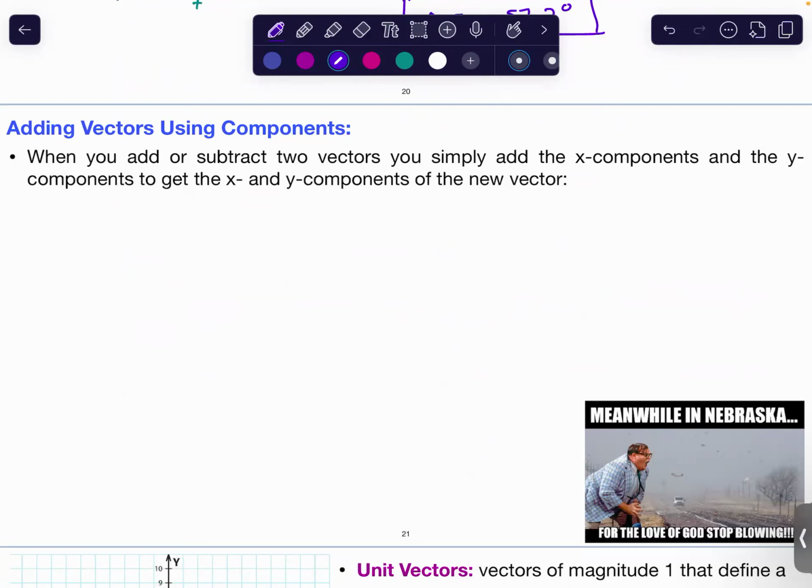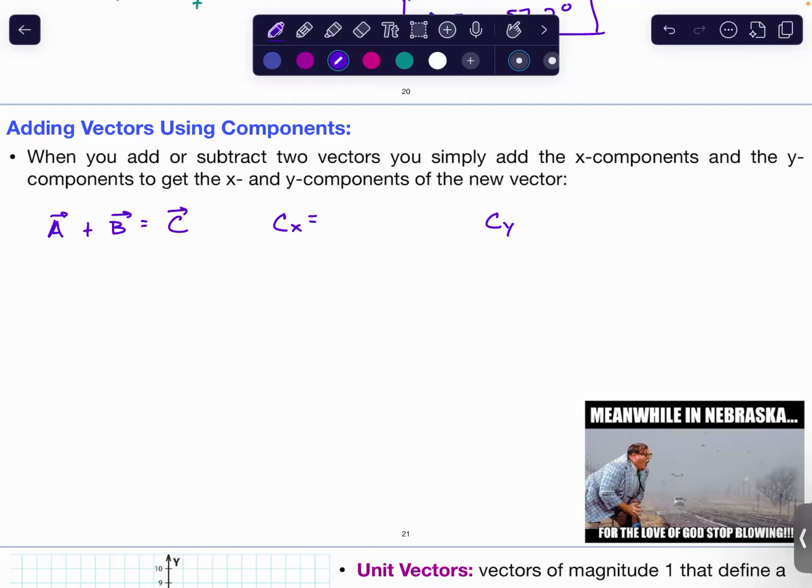Let's just say, for example, I add together vectors A and B and I get vector C. Now C is also going to have its components, Cx and Cy.